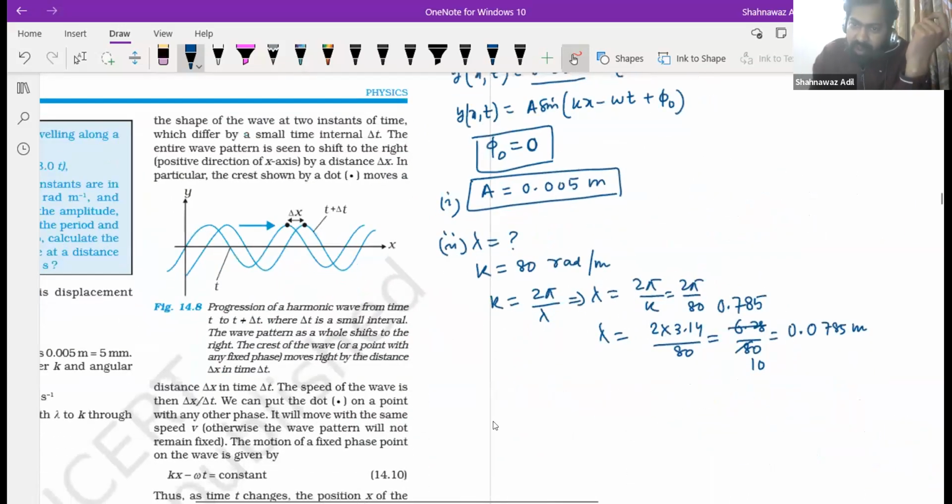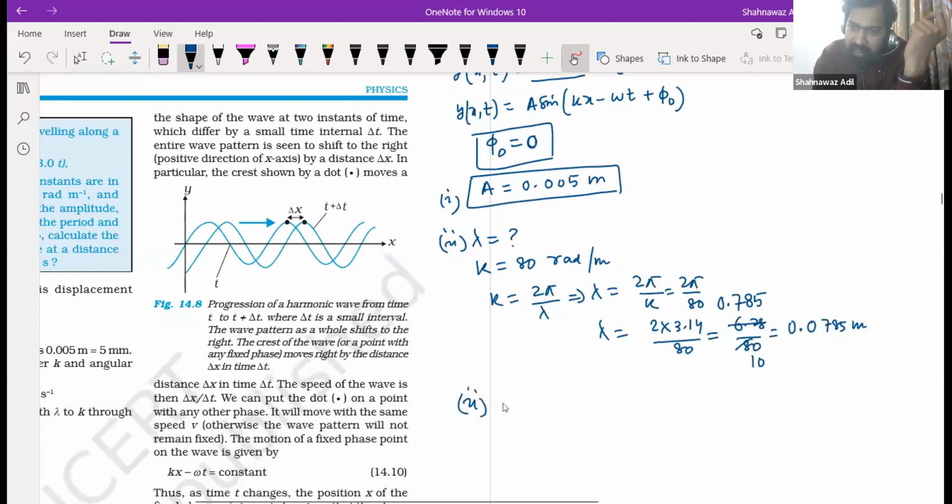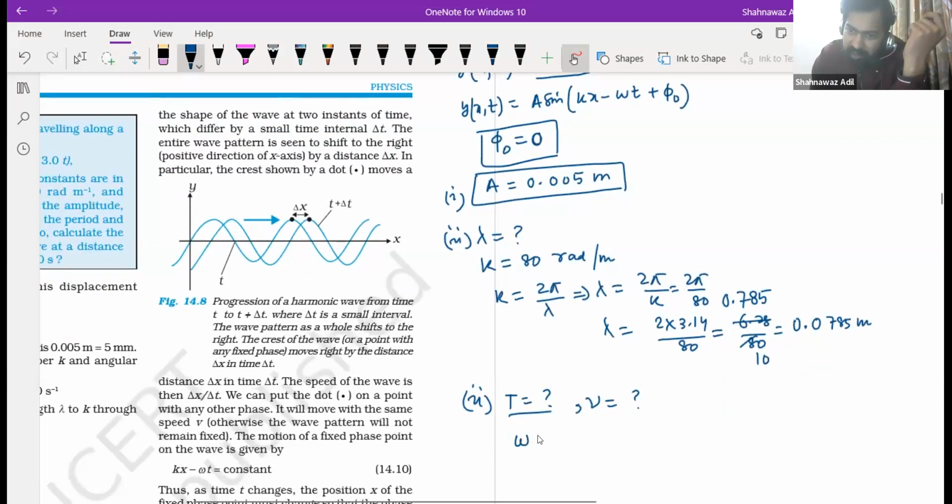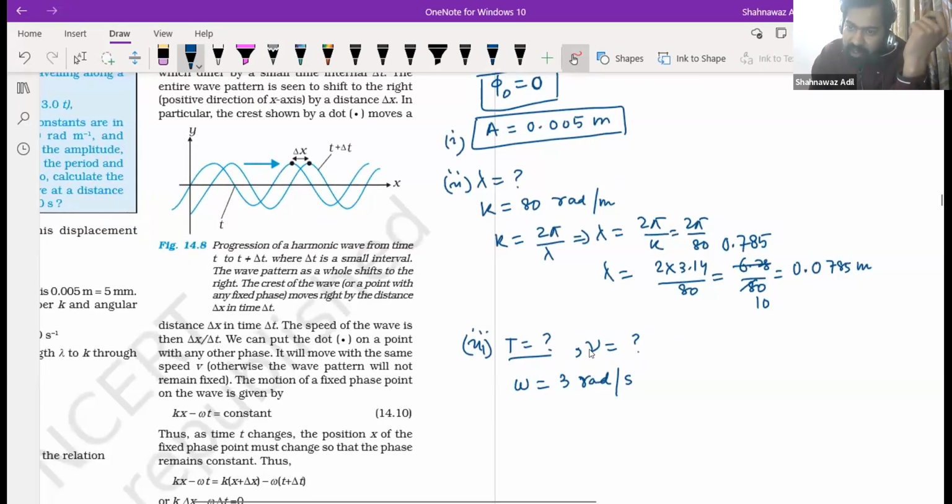So then we have to also calculate the period. Period is this one, and frequency we have to calculate. So omega is given. Omega is 3, right? If we compare the equation, omega is 3 radian per second. Then what would be the time period and the frequency?